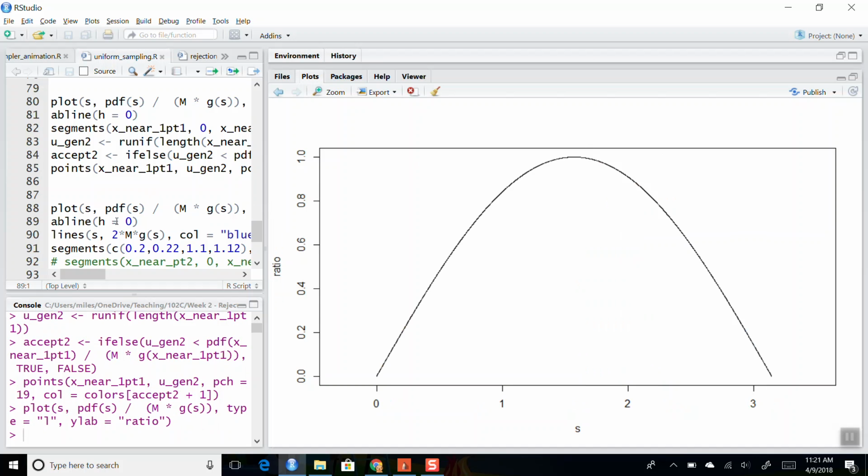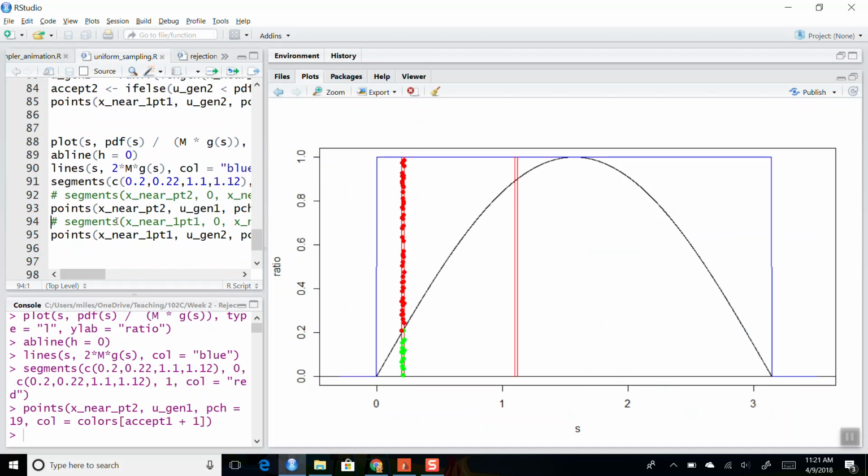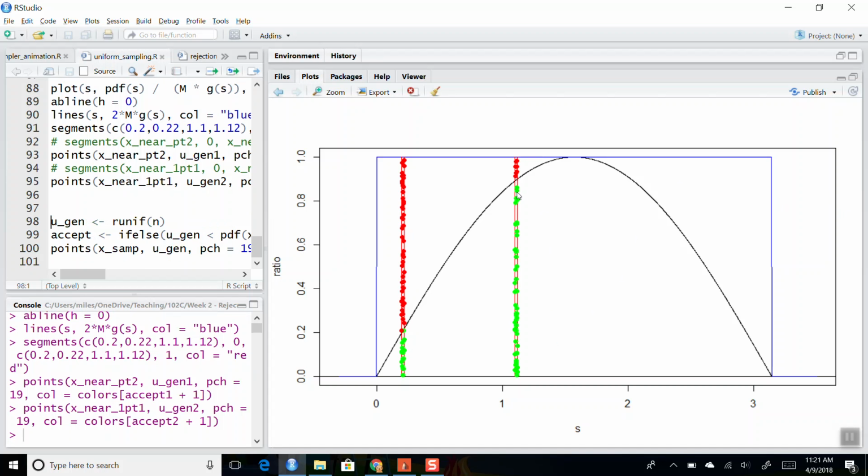If we go back to the original and zoom out and plot those sets of points again, these are the same values. We can see these ones got accepted and these ones got rejected, whereas these ones are accepted and these ones are rejected. So even though values near 0.2 are proposed just as frequently, only a small handful are accepted, and values proposed near 1.1 are proposed just as frequently, but they are accepted far more often.